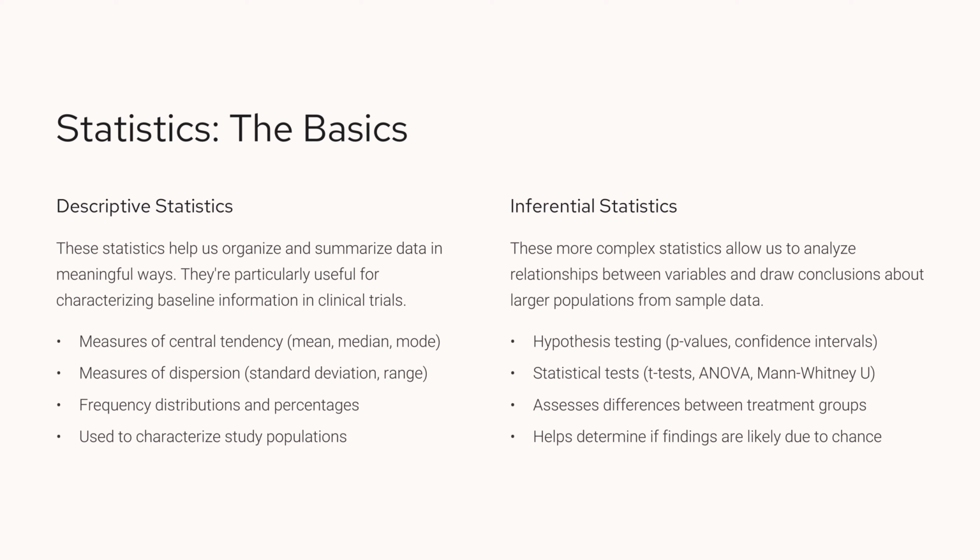There's lots of tests. And so what are they used for? To assess differences between the treatment groups and report them in a language of statistics that can be understood readily. Okay? And it helps determine if findings are likely due to chance. Remember, there's always random error in the data set. And so this is what inferential statistics helps you to minimize or rule out.